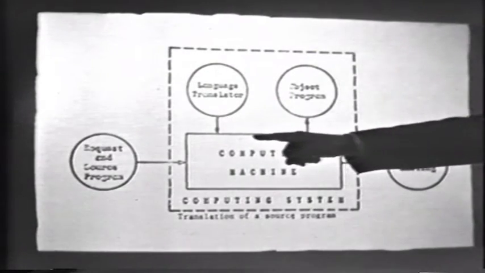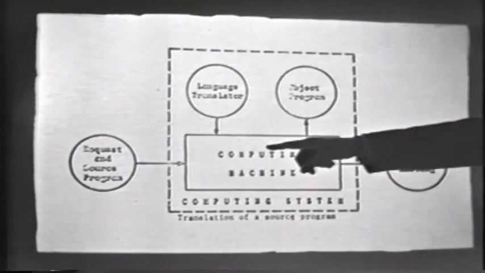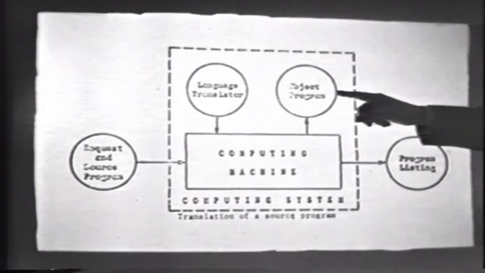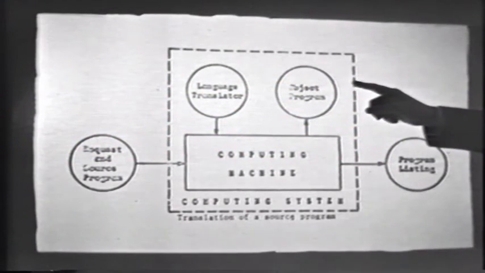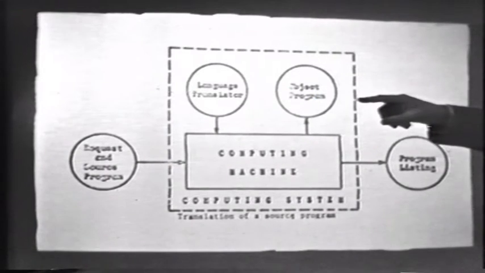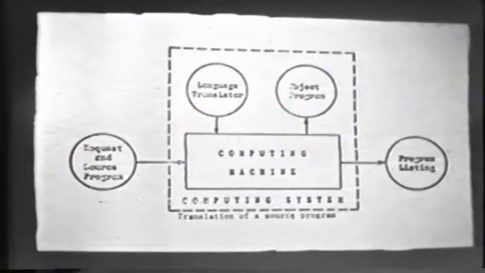Through the source program, these Fortran statements come through. The language translator comes in, translates them, and puts out an object program, the object program being the machine language version of the Fortran program that we just wrote. Outside here also we get a program listing of our particular program we've just written.